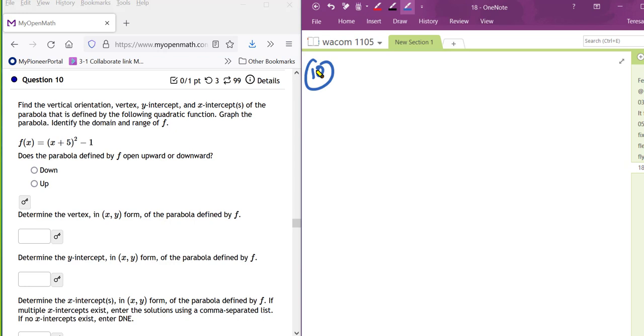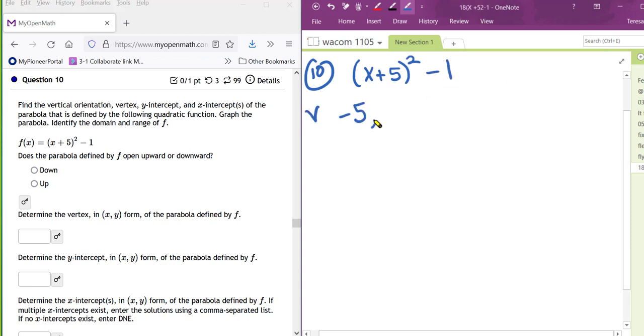On this one, I just wanted to mention that it's easy to get your vertex from your standard form. So sometimes they'll be like this, where you pick it off. It's -5, -1, right? The other thing is, you don't always have to go to that formula. If it's in this form, definitely use this form. So your vertex is -5, -1. And because it's a positive in front of it, it is going to open up.